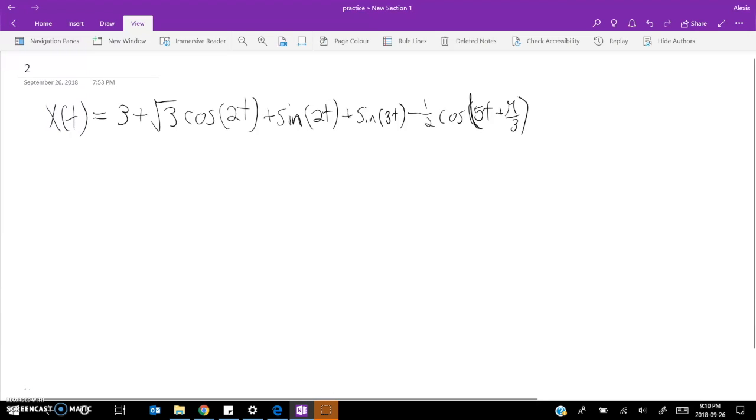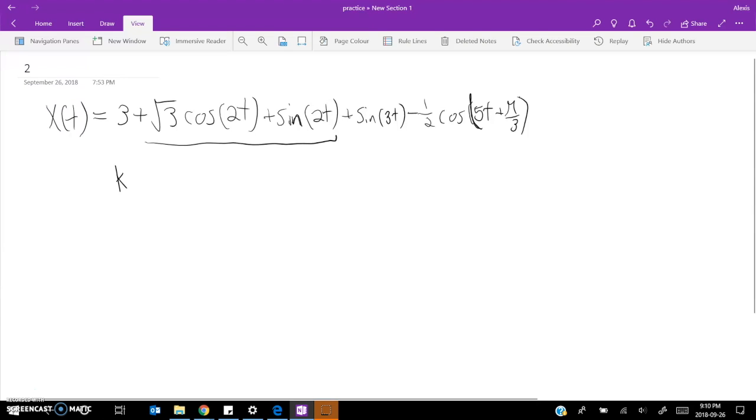So what we can do is, looking at these two terms right here, they have the same frequency, so we could rearrange them to obtain one cosine function to minimize the number of terms in our signal.